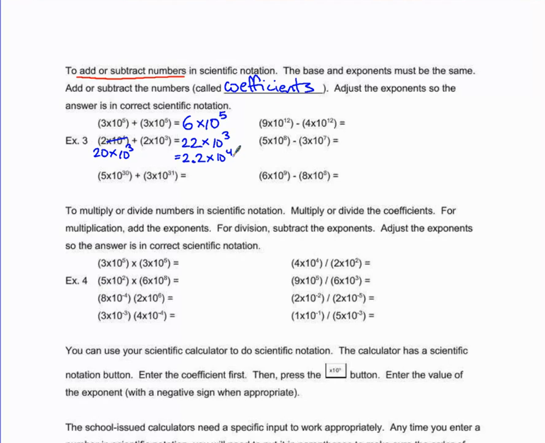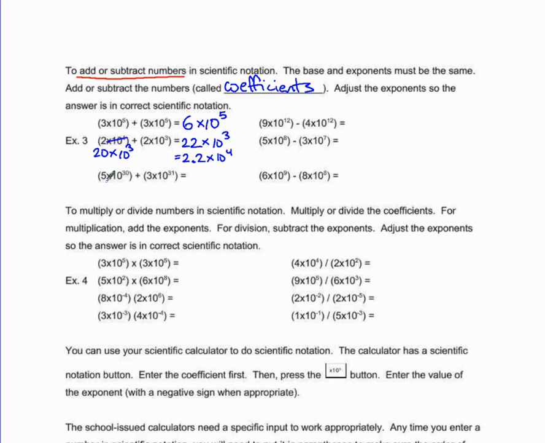And the next example, we have 5 times 10 to the 30th power and 3 times 10 to the 31st power. So in the last time, we made the larger exponent smaller, and then we had to fix it at the end. This time, I'm going to make the smaller exponent larger, and we'll see how this works out for us.